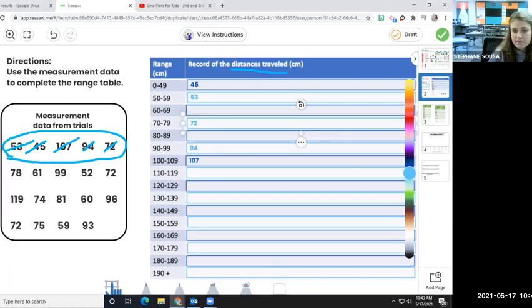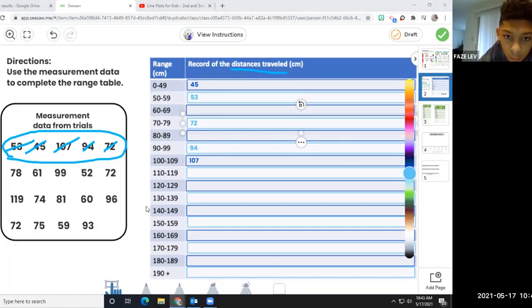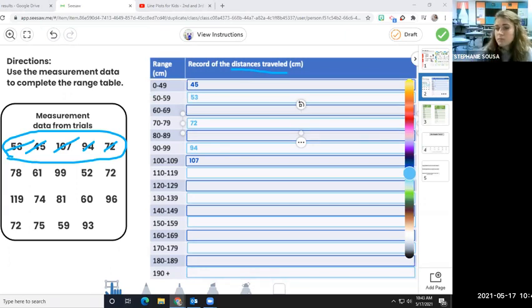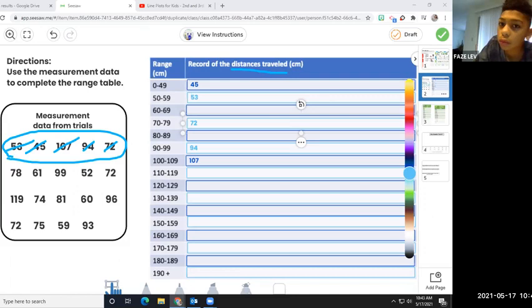Yes, Levin. Why are there 72s? Where are the 72s? Down here, two people's cars drove 72 centimeters. And that's possible, right? Do you want us to draw another 72 too? We will get there when we get there.